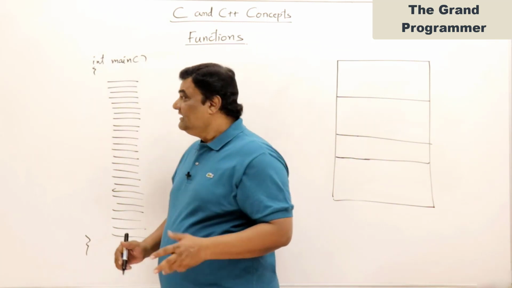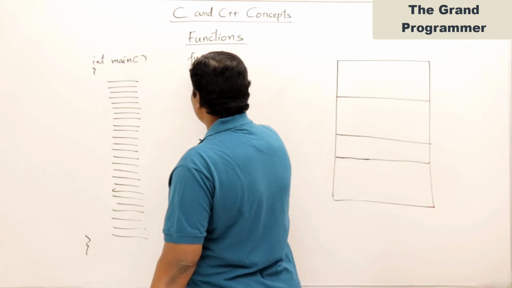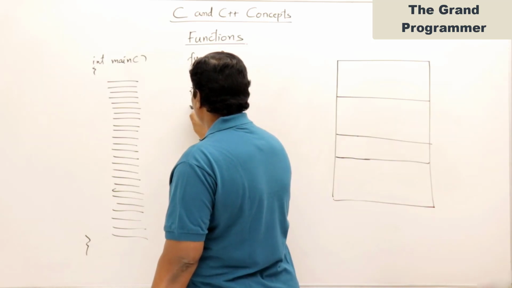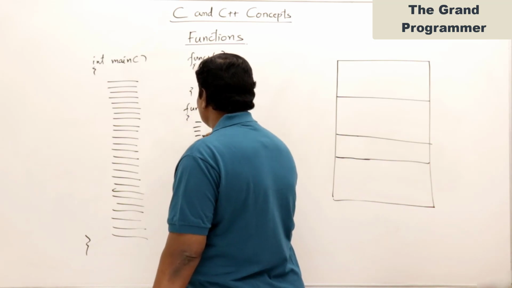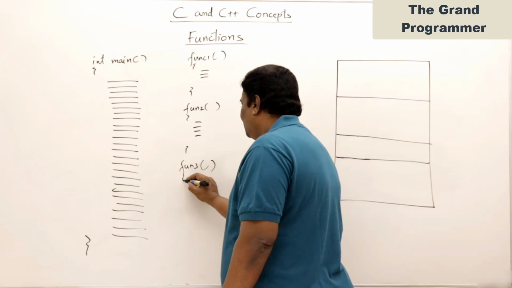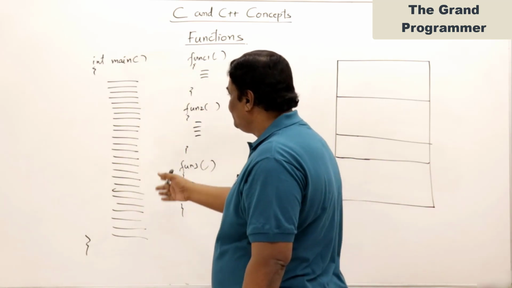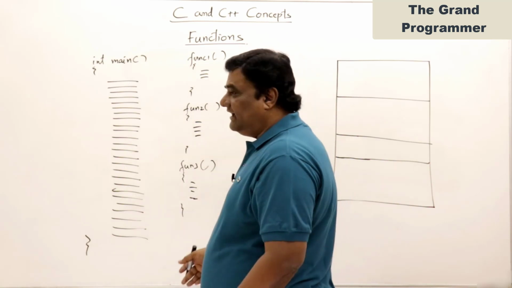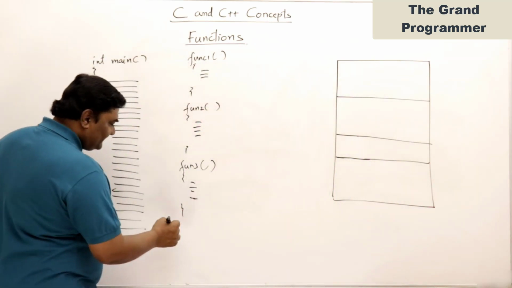So if we find that this program can be broken down into smaller tasks, we can break them up in the form of functions. Suppose the first function, function 1, performs some task, another function, function 2, performs some task, and similarly function 3 performs some task. So I can break this larger task into smaller simple tasks and then use them all together inside the main function.